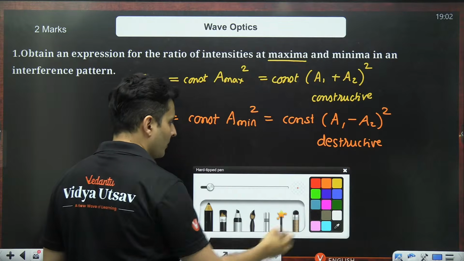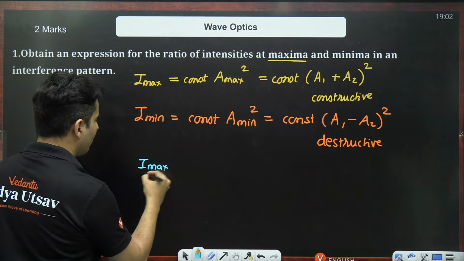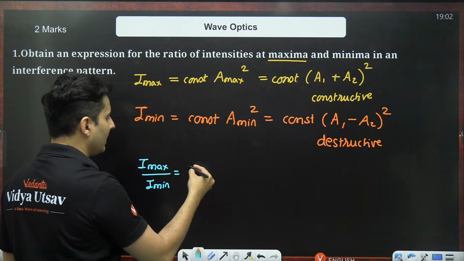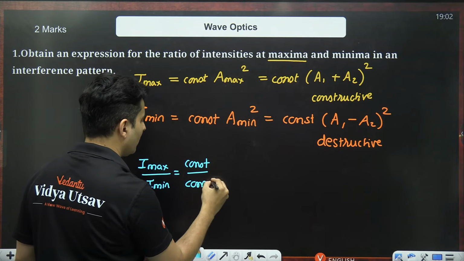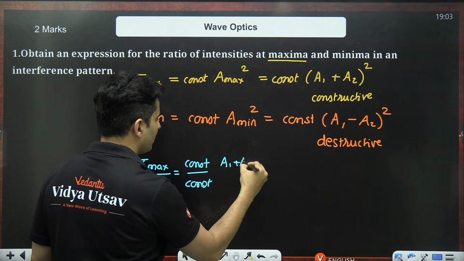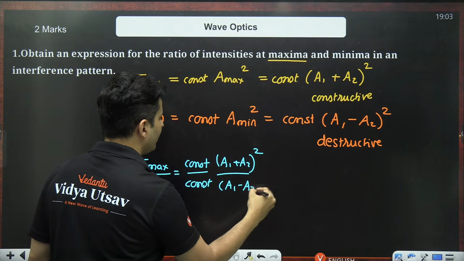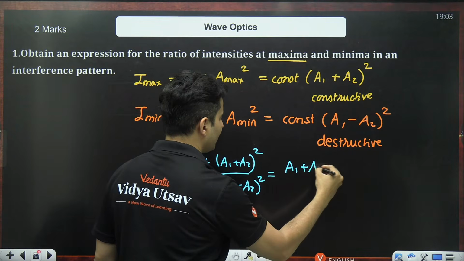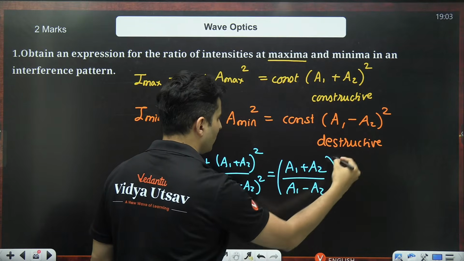Now if somebody decides to take the ratio of Imax divided by Imin, that constant will anyway get cancelled. If you want, you can put constant and constant, not an issue. This will be A1 plus A2 whole square, and this will be A1 minus A2 whole square. The constant will cancel, so it will become A1 plus A2 divided by A1 minus A2, and this whole thing squared.